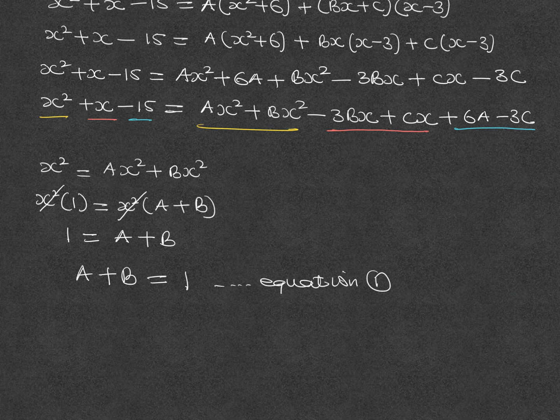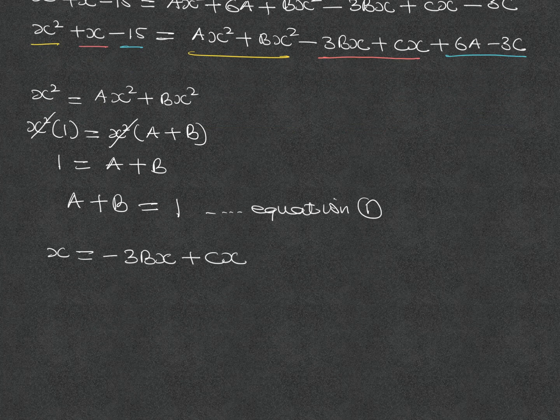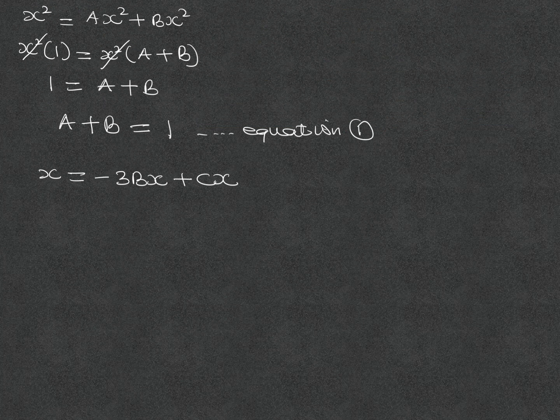Okay, so this x will be equal to minus 3bx plus cx. That is, x is equal to minus 3bx plus cx. What we need to do, we can factorize x out. So that will be x into 1 is equal to x into minus 3b plus c, right?